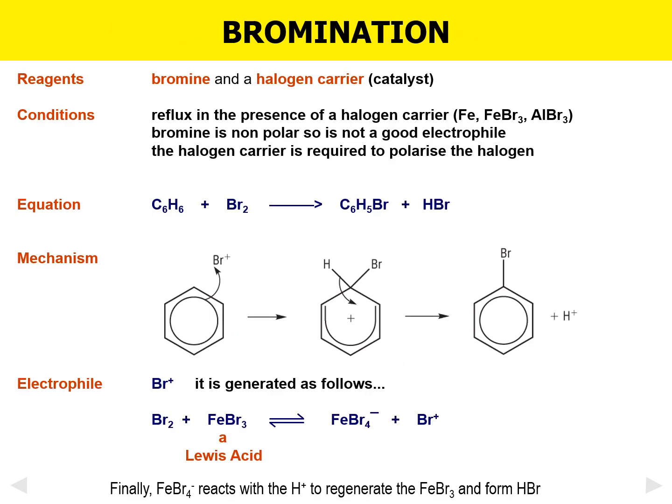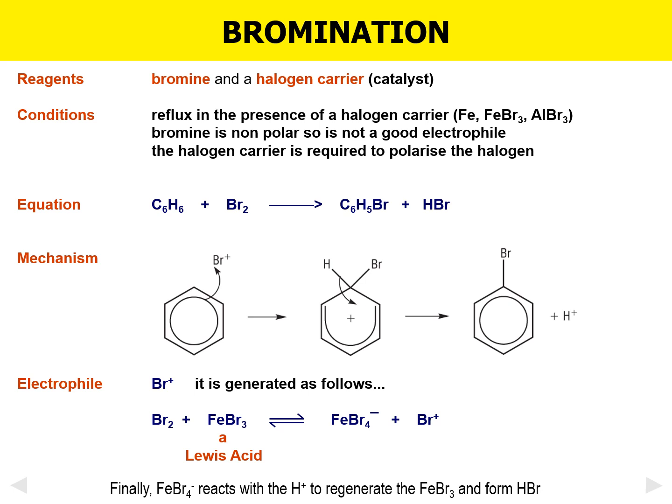The first type of electrophilic substitution we are going to look at is monobromination. In monobromination, one of the hydrogen atoms on the benzene ring is replaced by a bromine atom. Unlike alkenes, benzene is too stable to start to react with bromine on its own. However, it does react with bromine in the presence of a special type of catalyst called a halogen carrier.